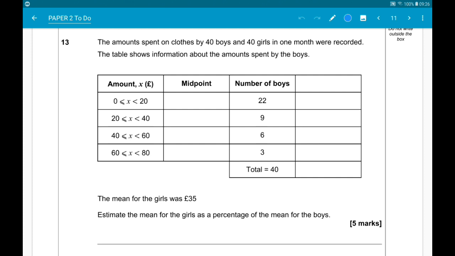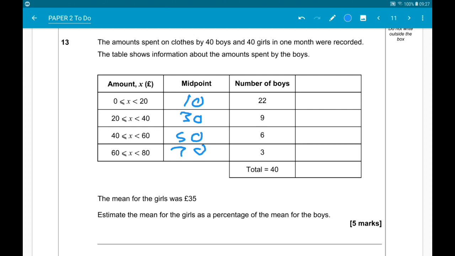So 0 to 20, that's 10. Then 30. Then 50. And then 70. Okay, now in the second empty column, we do the midpoints times the frequency.